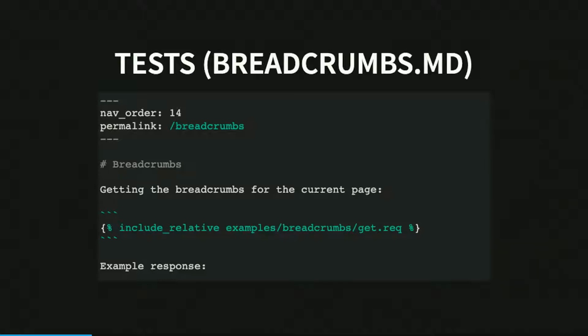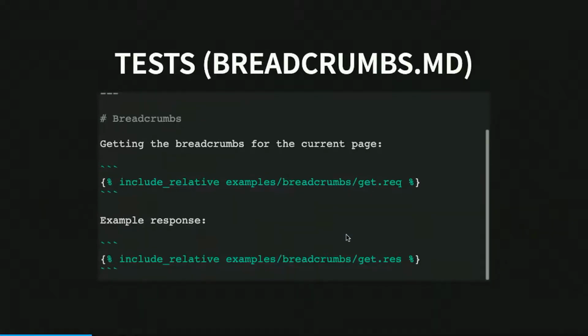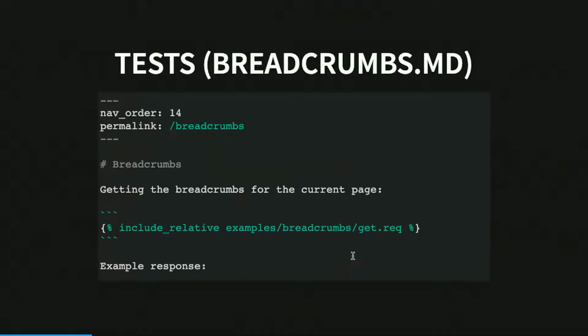The documentation is fairly simple. It just has the documentation there, and it just includes the examples with the request and the response header. Some calls are a bit more advanced, of course, but for this it's just a simple request and response. To run the tests, you can just do yarn test. And then it will do something like this.